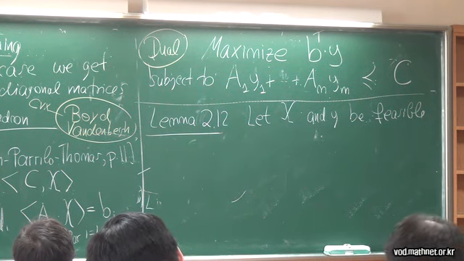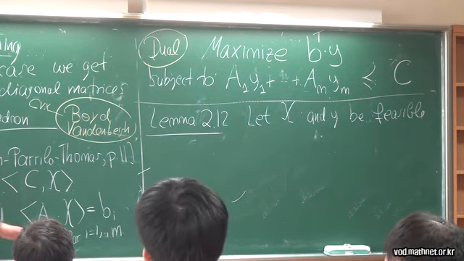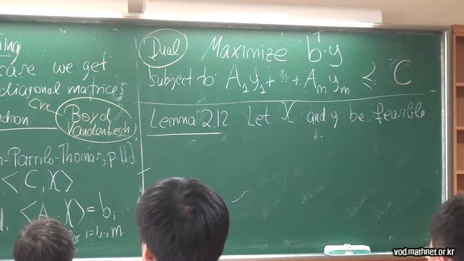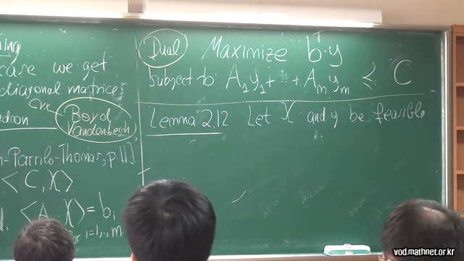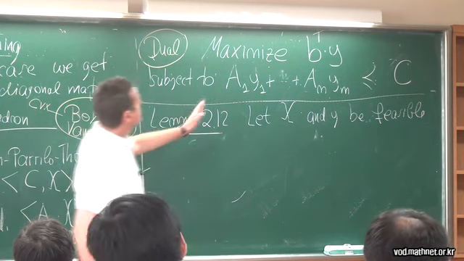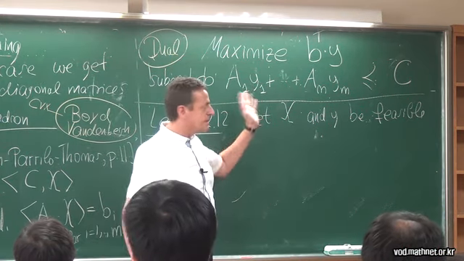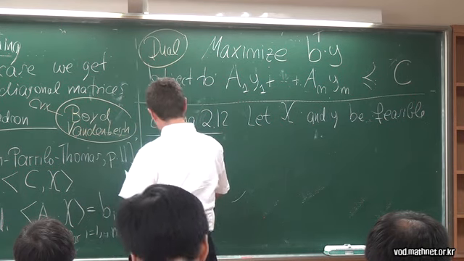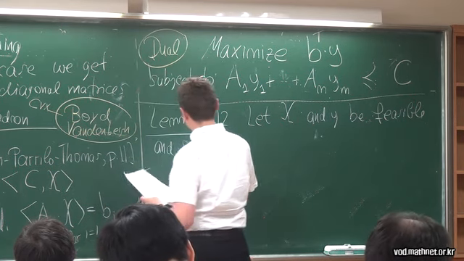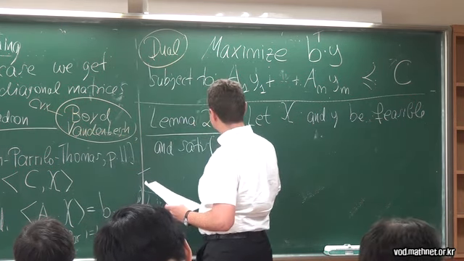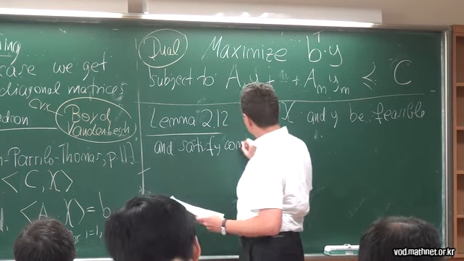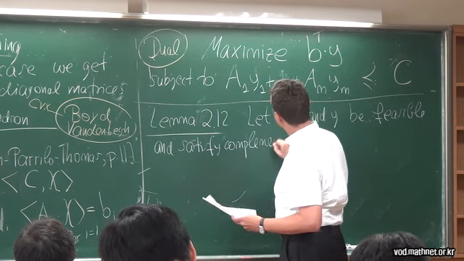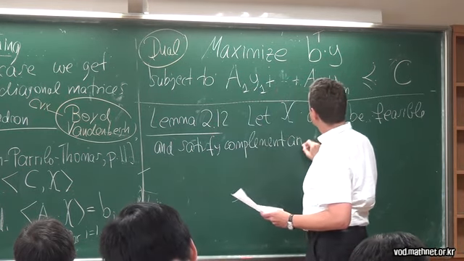It's primal feasible, meaning it satisfies the equations and the inequality. And y is a vector that again satisfies its inequality, so it's feasible in the dual. And they also satisfy something called complementary slackness.